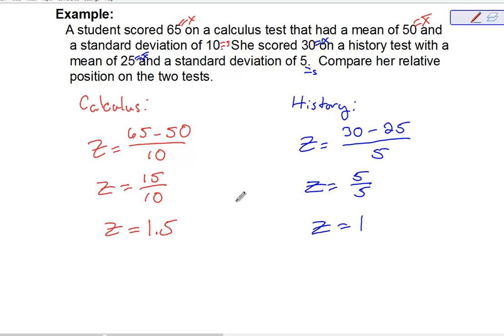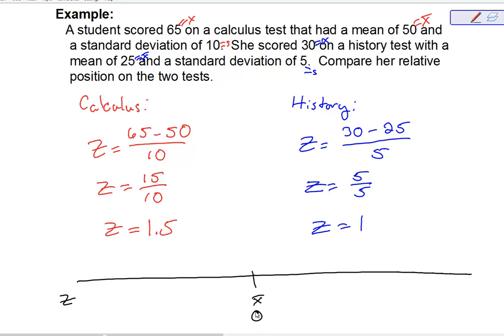So if I were to draw this on a line, if this is the mean for either one, for anything, if we think about a z-score, anytime I compare things and change everything to a z, it means that my mean is always going to become a 0. Anytime I change things to z-scores, the mean always becomes 0.